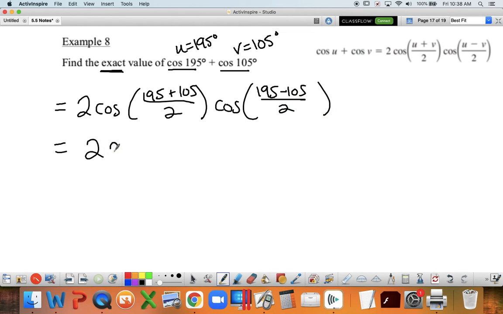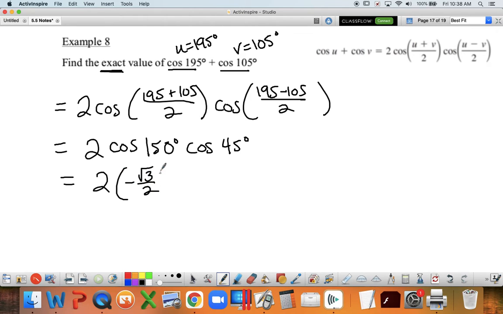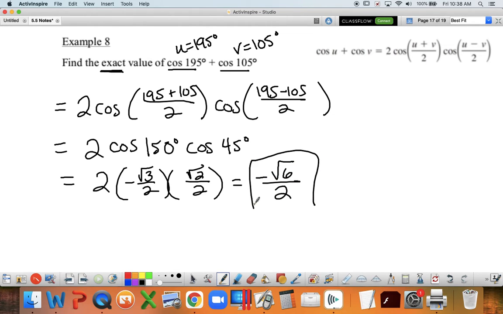And when I do that, lo and behold, very nicely, I do get some angles that are on my unit circle. So I get 150 degrees and 45 degrees, and I know I can calculate the cosines of that. So I get 2 times negative square root of 3 over 2 times square root of 2 over 2. And when I simplify that down, I get negative square root of 6 over 2. And since I don't have a radical in my denominator, I'm good to go. Just keep it simplified like that.